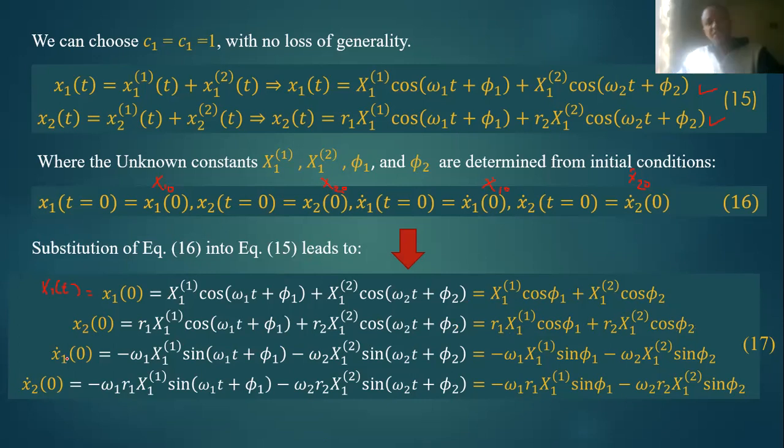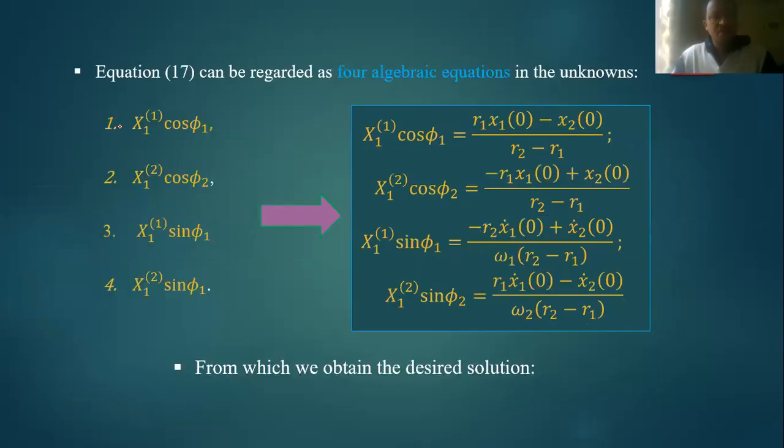Similarly, for the first derivatives of x1 and x2, from the equations x1 of t and x2 of t, we will get this kind of equations. These are the derivatives of x1 of t and x2 of t. So from these 4 equations, we can get the following expression.